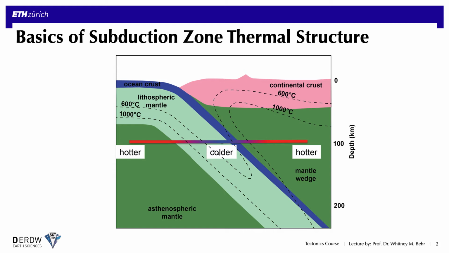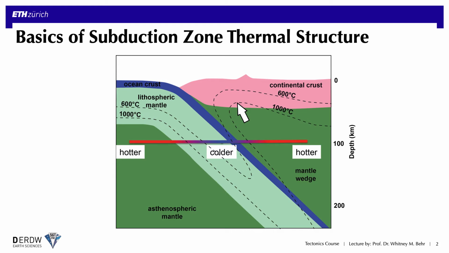We discussed how those isotherms, or lines of constant temperature, tend to plunge steeply downward parallel to the slab due to advection of cold material downward, but also how they fairly rapidly exit the subduction interface and shoot back up the subduction zone into the upper plate lithosphere, and they're much hotter beneath the magmatic arc.